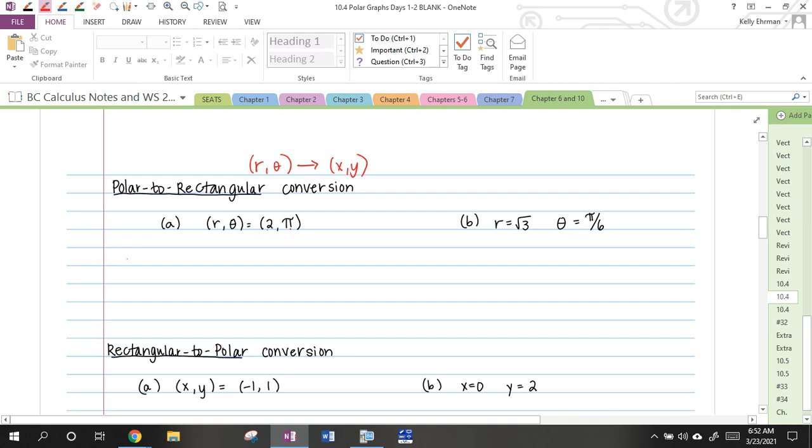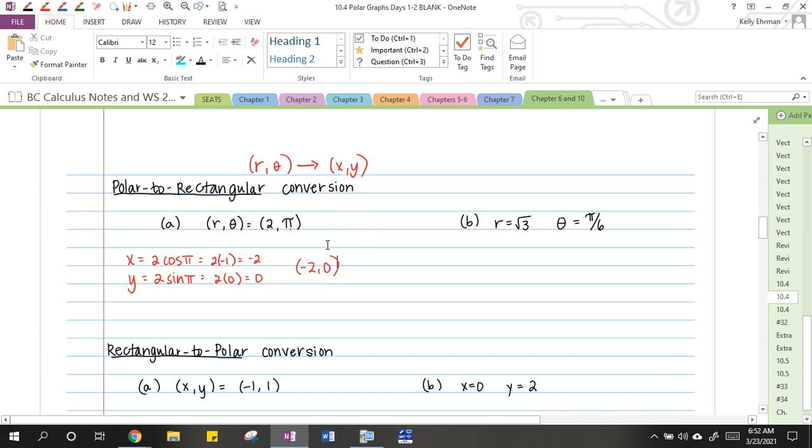I can figure that out by saying x is r, which is 2, times the cosine of theta, which is pi. So x is 2 times -1, -2. And the y coordinate is 2 times the sine of pi, which is 2 times 0. And so the xy coordinate is -2, 0.